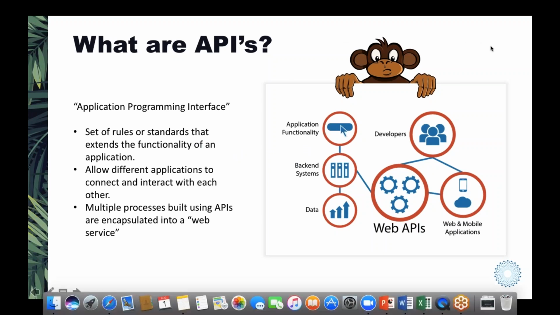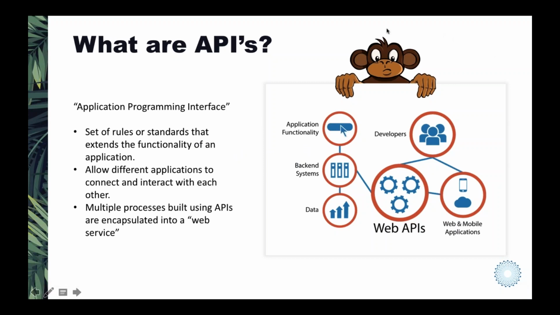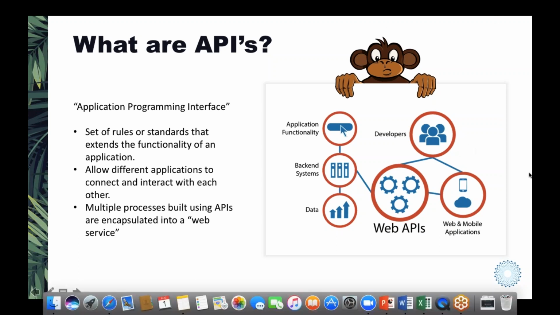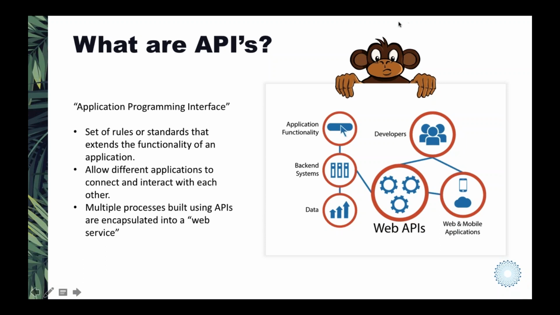So what are APIs? For those not so familiar with APIs, they are basically a lot of the glue of the internet as we know it today. Probably every day you use an API without potentially realizing it. APIs allow systems to talk to one another in a very efficient and simplified manner, basically requesting information, getting information back, and then taking action upon that information.